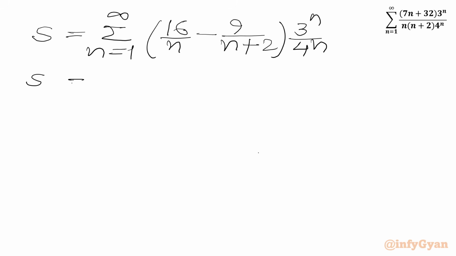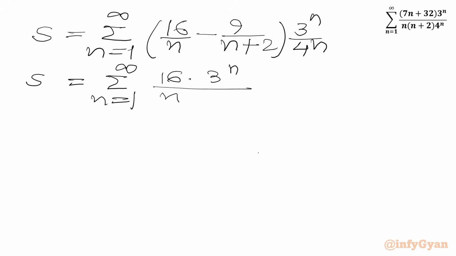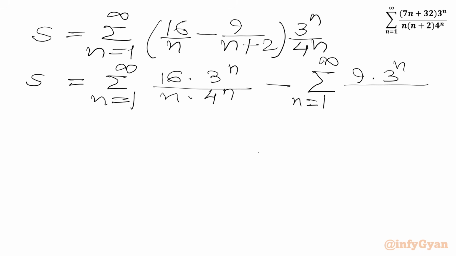This sum will be written as sigma n = 1 to infinity of 16 times 3 power n over n times 4 power n, minus sigma n = 1 to infinity of 9 times 3 power n over (n + 2) times 4 power n.